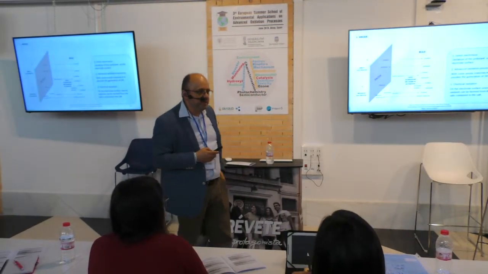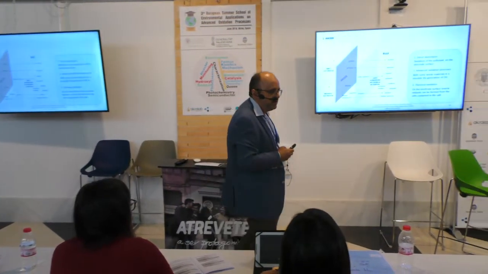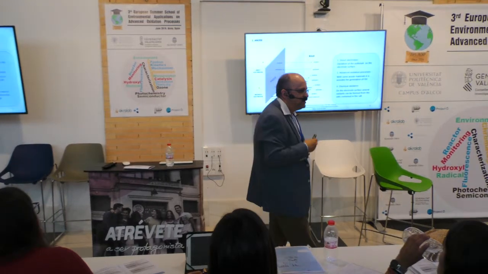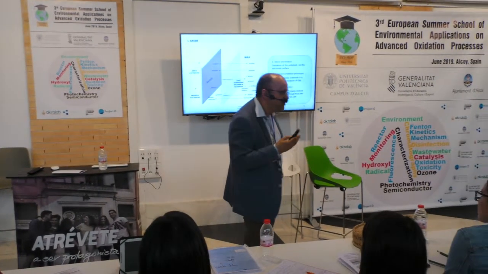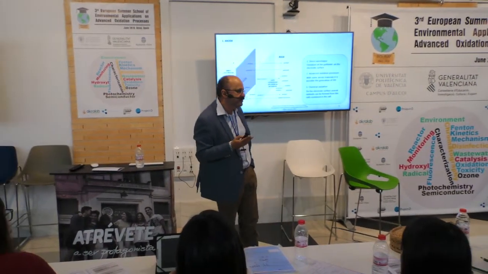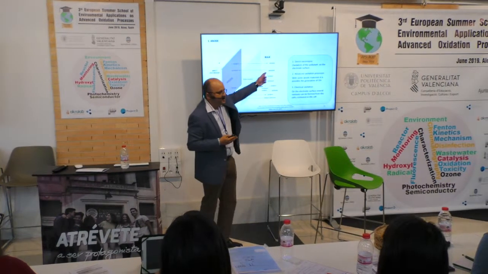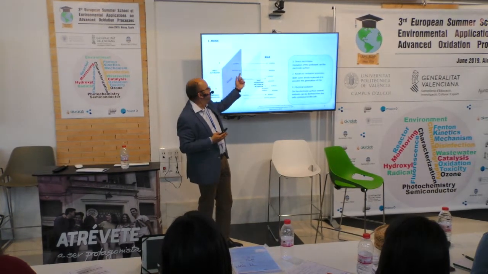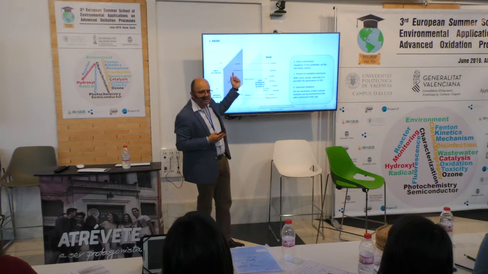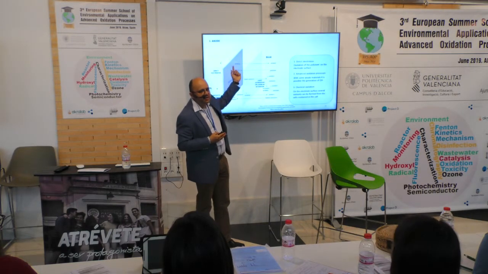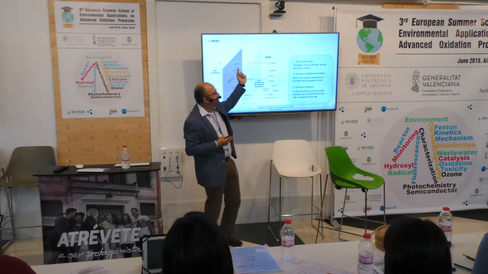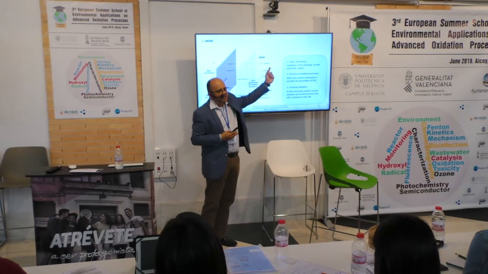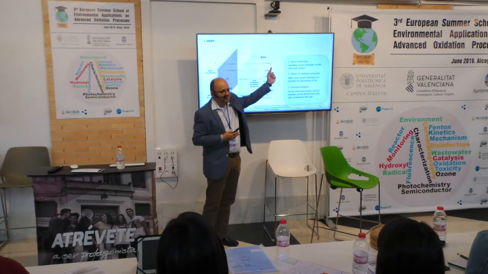What happens really in the nearness of the anode is not a simple process. There are many processes happening at a time. The pollutants have to arrive next to the anode surface, and then they can be directly oxidized to products that have to move to the bulk of the solution.